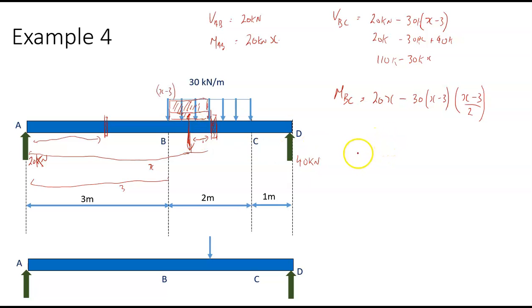When we multiply that out, I have done this before, so I have it written down. It's minus 15k x squared plus 110k x minus 135k. They're all k up here.